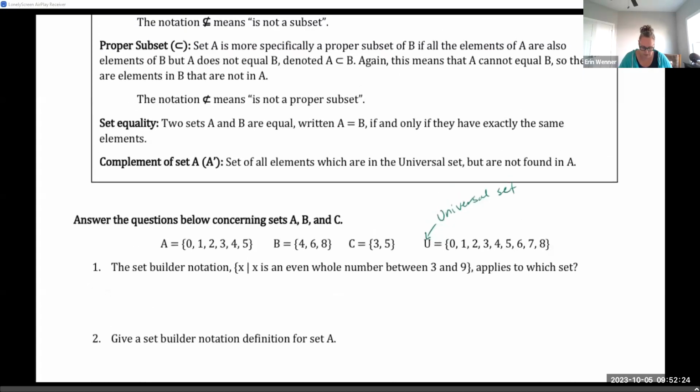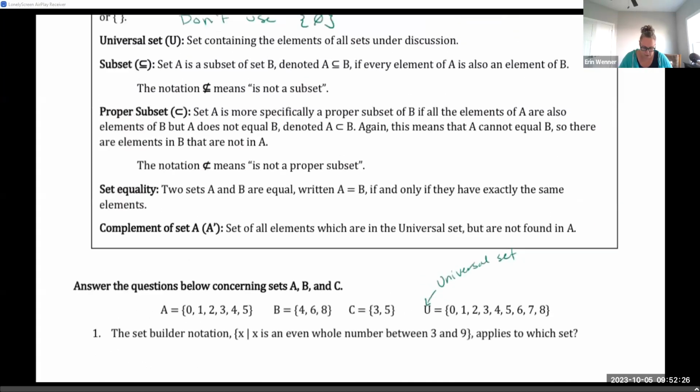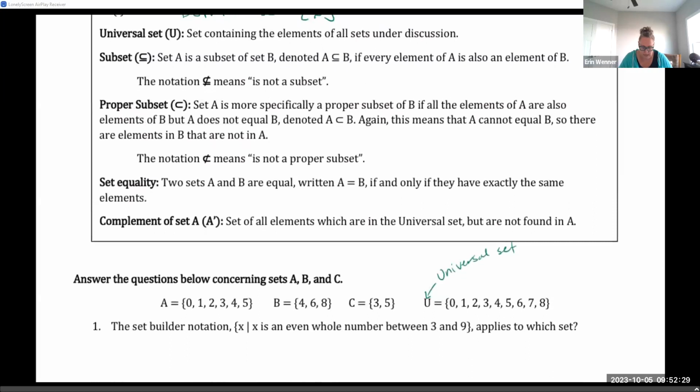So if you look at our notation here, again, the universal set is the set containing all elements of all sets under discussion. Then we have the idea of a subset or a proper subset. One of the ways that I distinguish these is you'll notice that subset has a line underneath it.